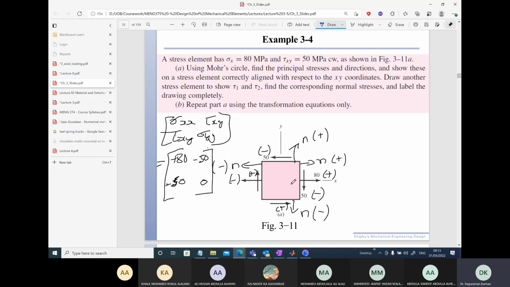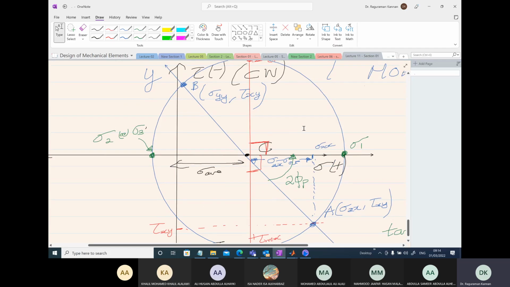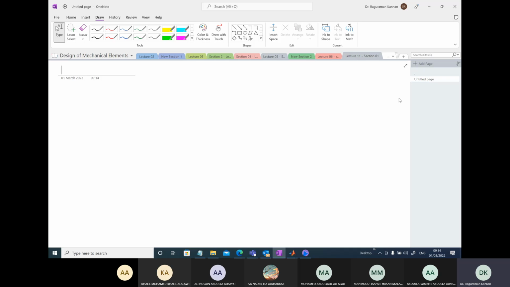You are asked to solve the problem, get the principal stresses and directions, and draw the stress element along the principal stress direction. You are also asked to figure out the maximum shear stress and direction. So let us try to solve this problem. Okay, let me add another page here.